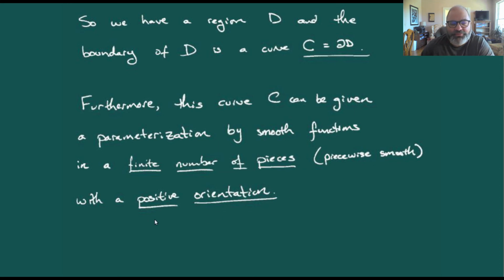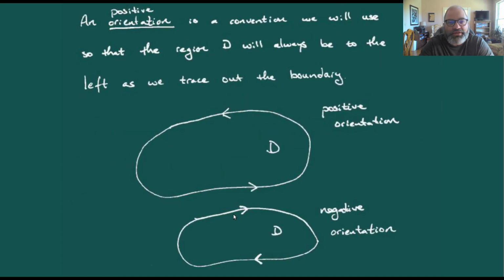So now kind of the last part in there, what do we really mean by a positive orientation? Well, a positive orientation is really just a convention that we're going to use so that the region D will always be to the left as we are tracing out the boundary.